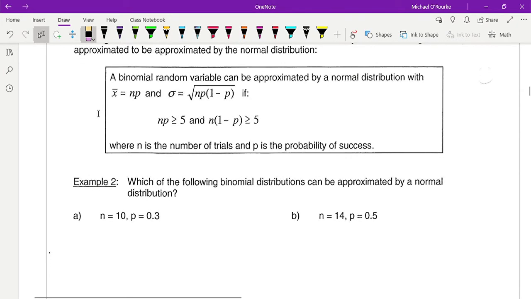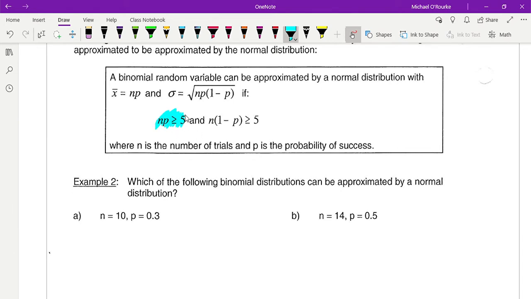So the one thing, and I'll research why this occurs, is you can only use this in certain situations. I guess we could call it the rule of 5. Step 4 was looking it up in your Z-score table.